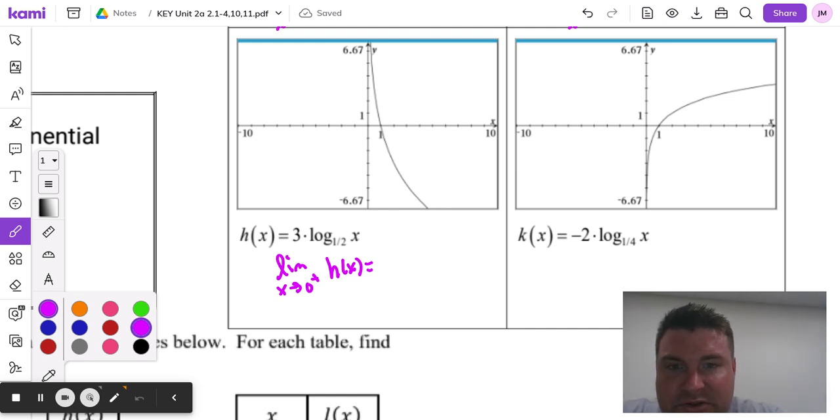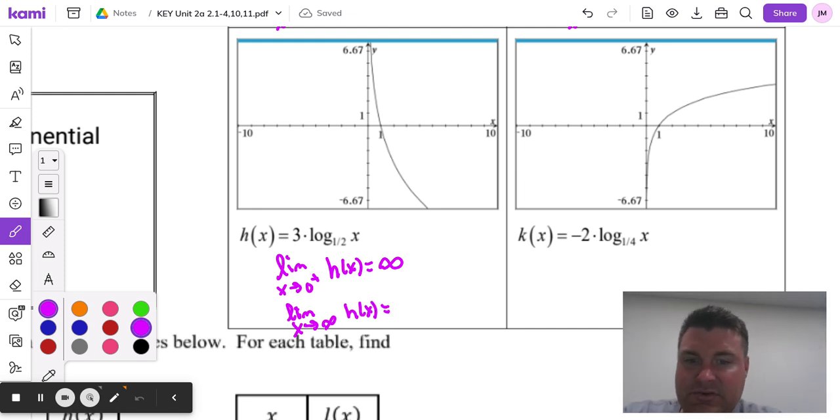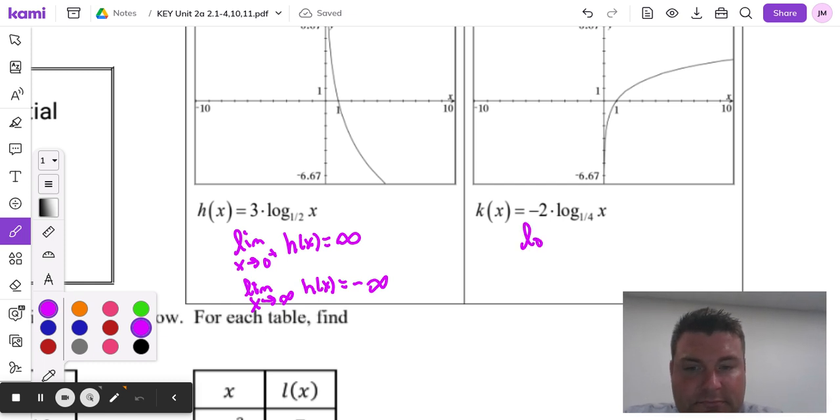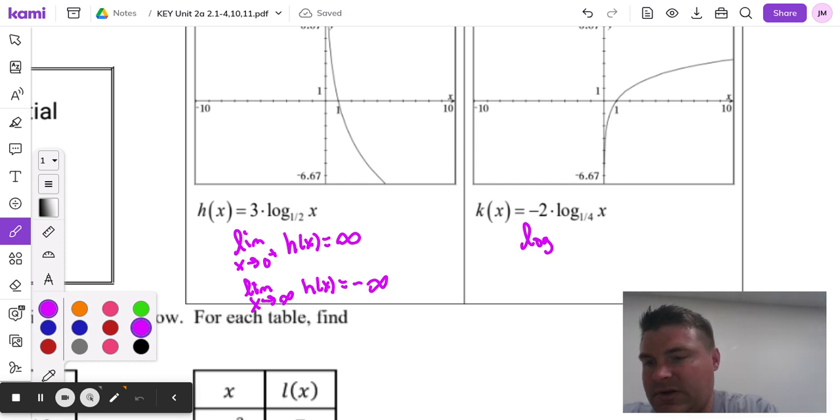All right, we're going to positive infinity. And for h, as we go to the right side, we're going to negative infinity. Last one, and then I'm done. Why'd I write log? Nobody knows.